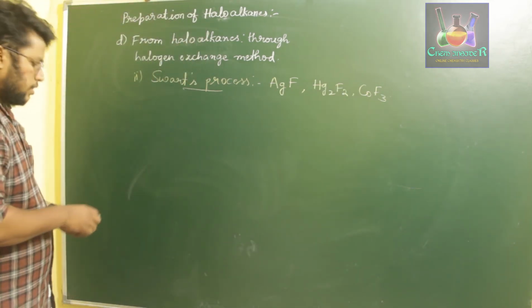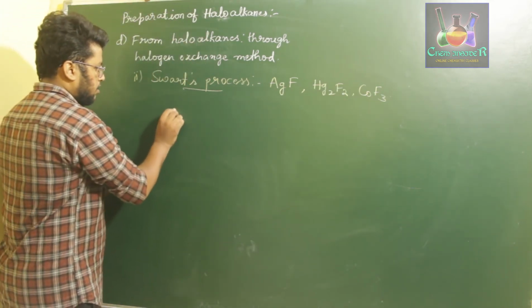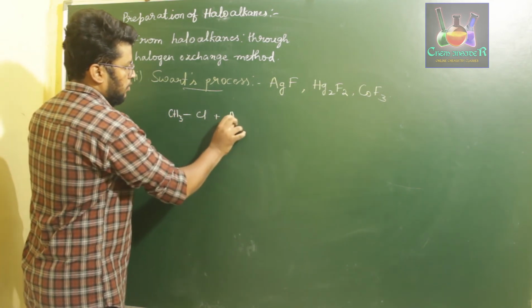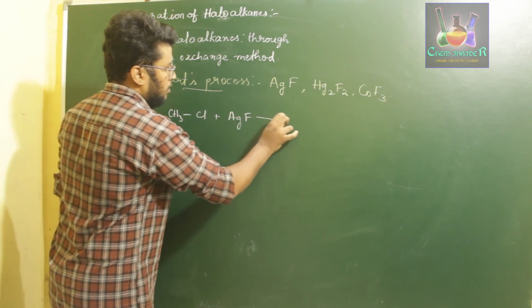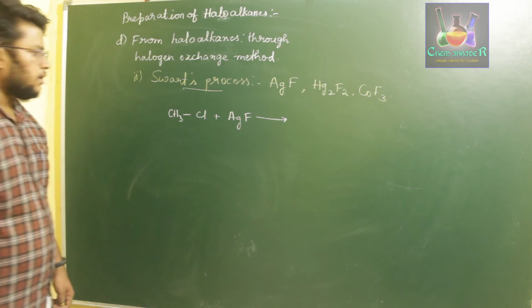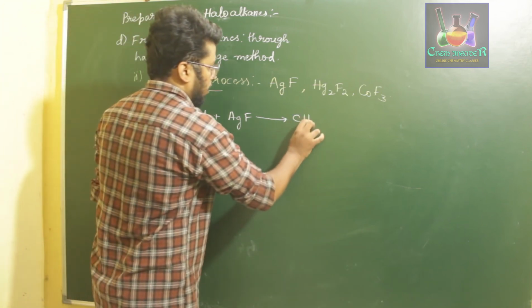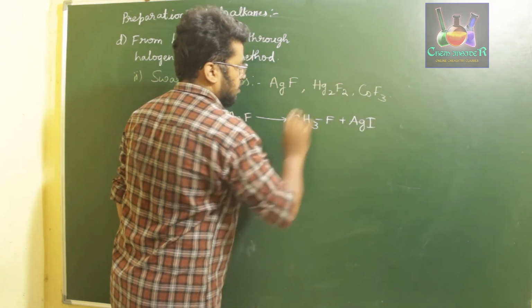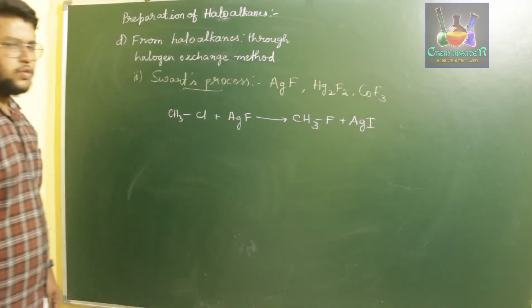So what happens here is when we treat our haloalkane CH3Cl with silver fluoride, we observe a halogen exchange where we get CH3F and AgCl. So this is the method of preparation using the Schwartz process.